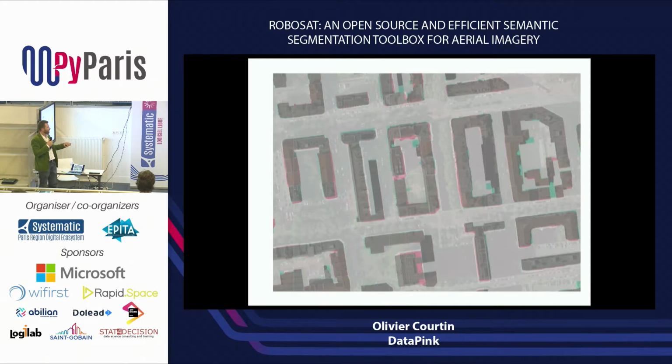And in gray, it's the complementary additional color. So when it's gray, both agree. So you just have to look at the pink to say, okay, the model detects something more, or you just have to look at the green to say, okay, the label says something more. And when it's gray, both are okay.